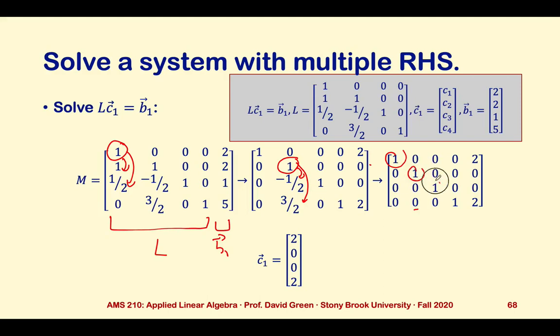Pivot, pivot, pivot, pivot. 4 of them, all with 1s. This is our identity block. Since this is our identity block, this must be our solution, 2, 0, 0, 2.